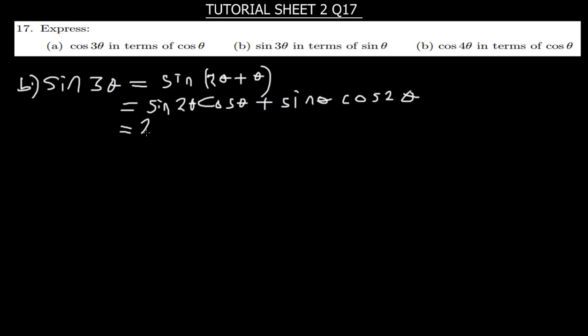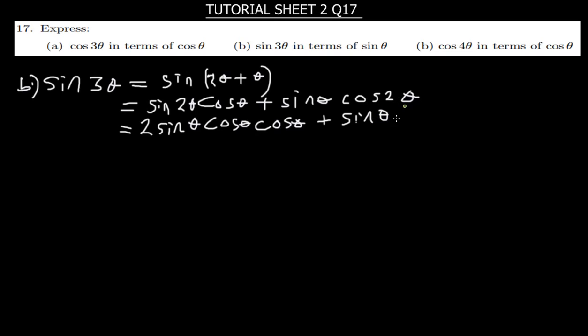We're going to put 2 sine theta cos theta, and then multiply by this cos theta, then plus sine theta. You leave it because they want us to express sine 3 theta in terms of sine theta, so you leave it like that.